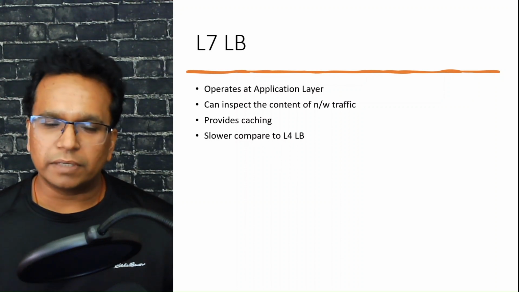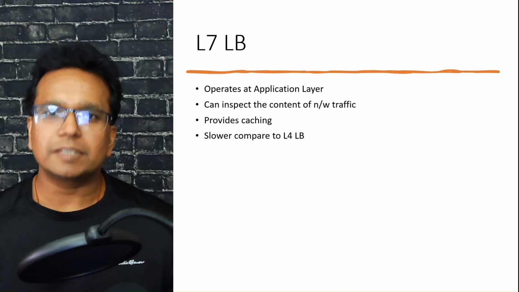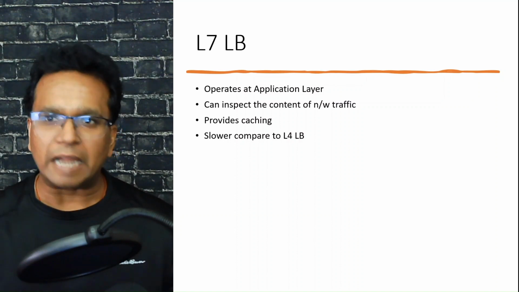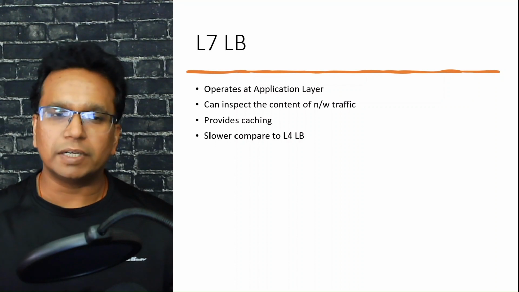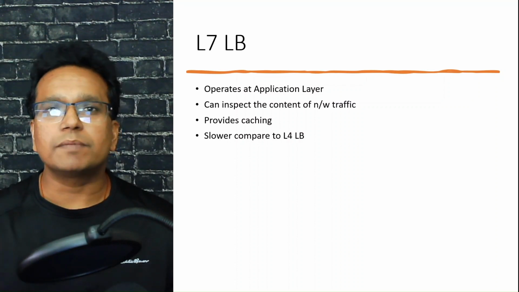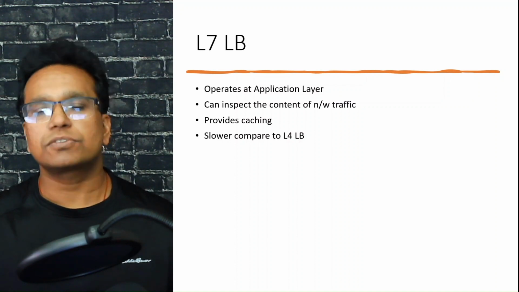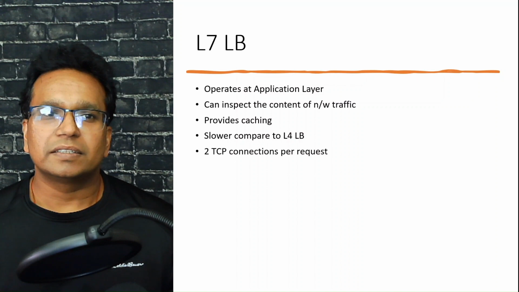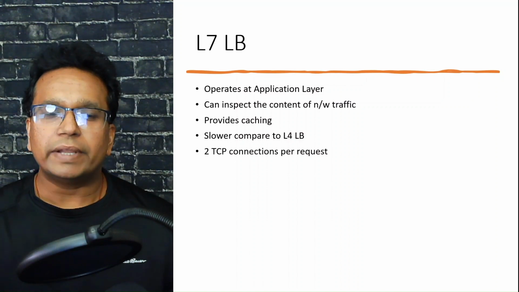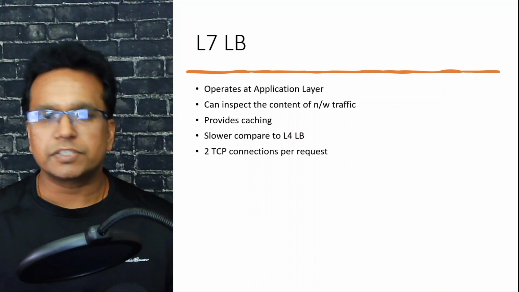Now, it is a bit slower compared to L4 LB because they can read and manipulate the content of the traffic. Since they are doing much more work compared to the L4 load balancer, it comes with a cost that it is a bit slower compared to L4. Now it creates two TCP connections per request.